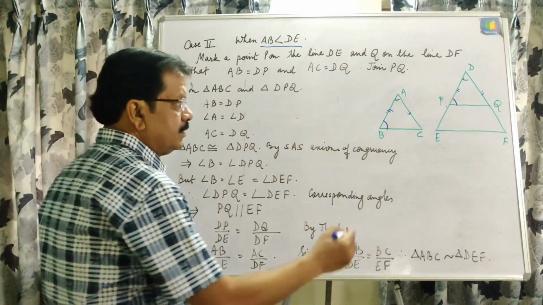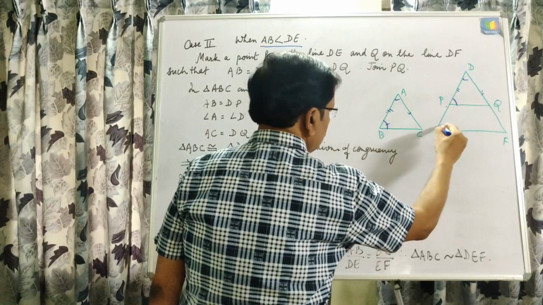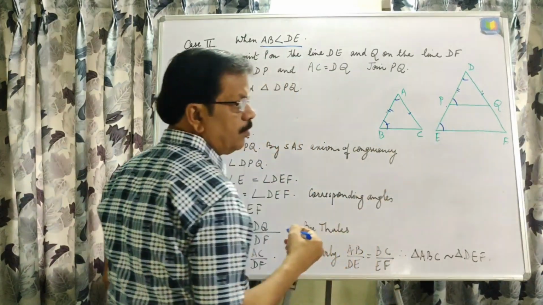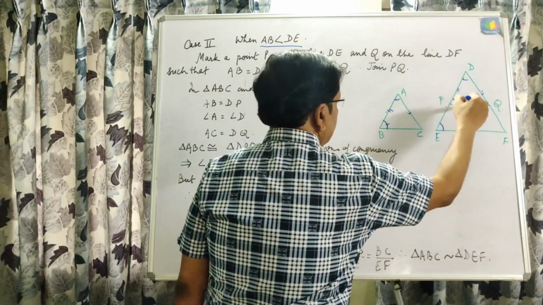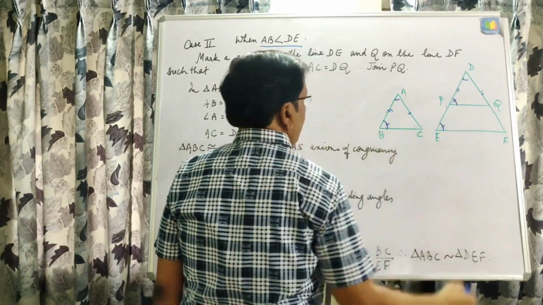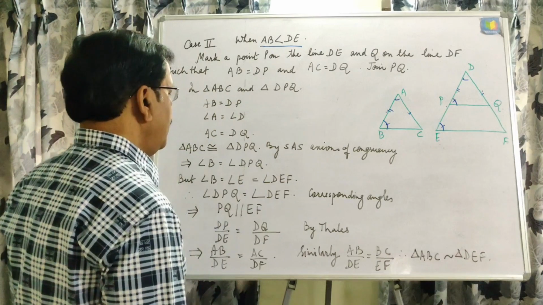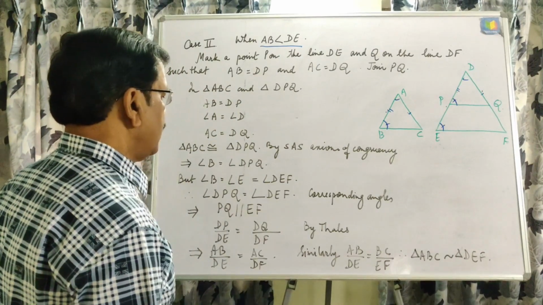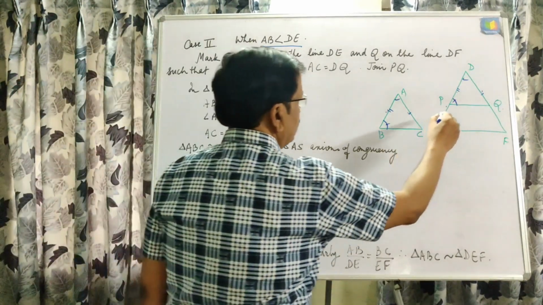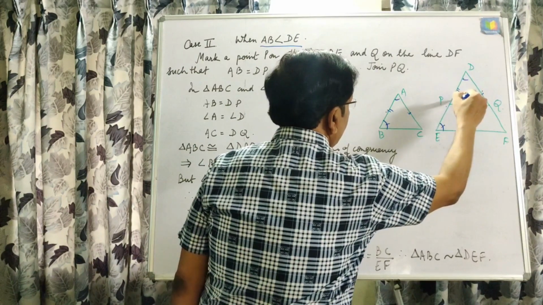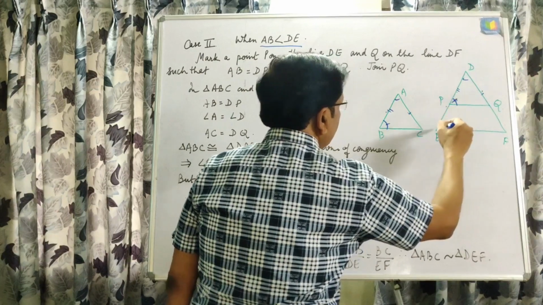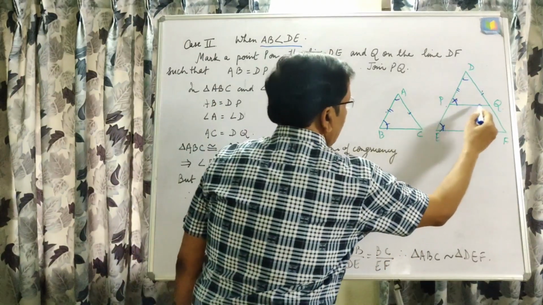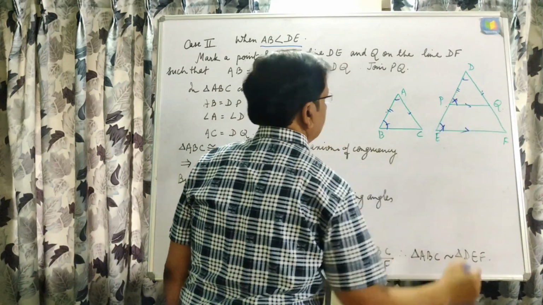But since angle B is equal to angle E because of being equiangular triangles, angle DPQ is equal to angle DEF. So these two angles are equal. Now in this triangle, if these two corresponding angles are equal, the lines will be parallel.